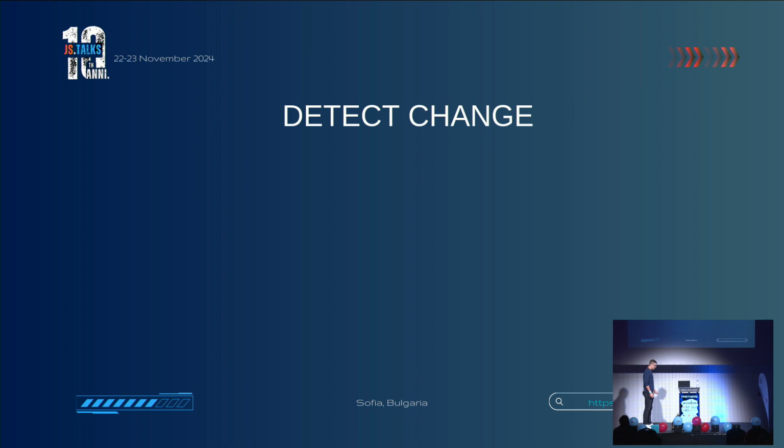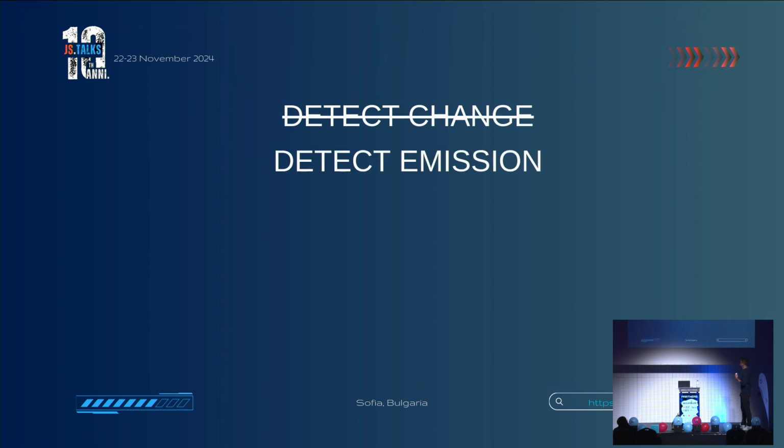Key takeaway: we should be able to easily detect change. Usually this is described by having immutable behavior. Detecting change combined with immutability is more like being able to detect emissions in time, right?